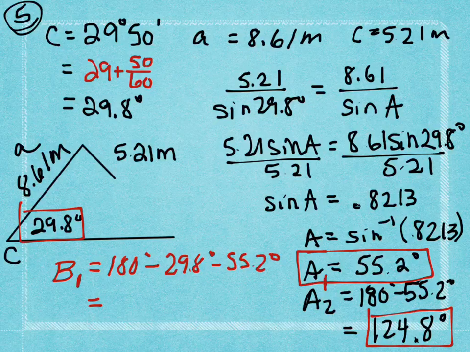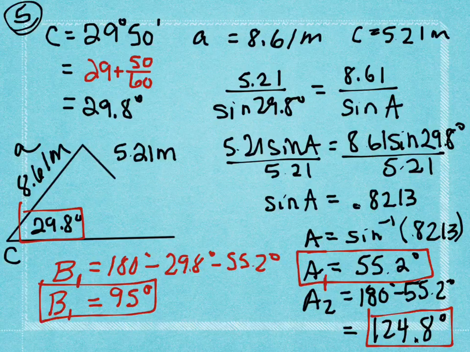This is angle B1. So what is angle B1 going to be? Even? Yeah, it would be even. Okay, so angle B1 is 95 degrees.